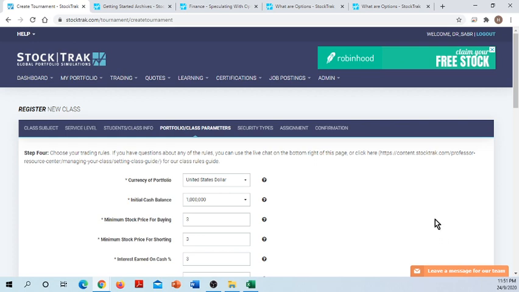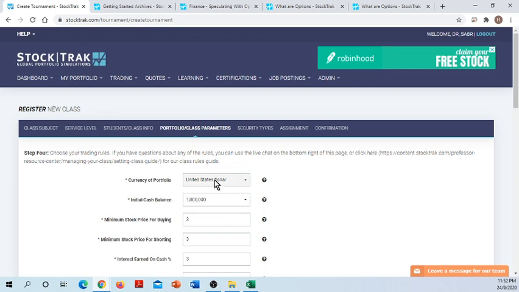Next, there are some parameters to control the portfolios and the asset classes or security classes that your students can enter into.